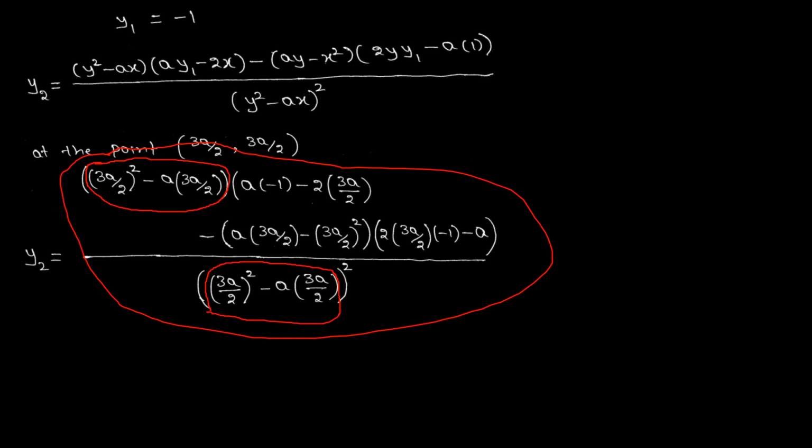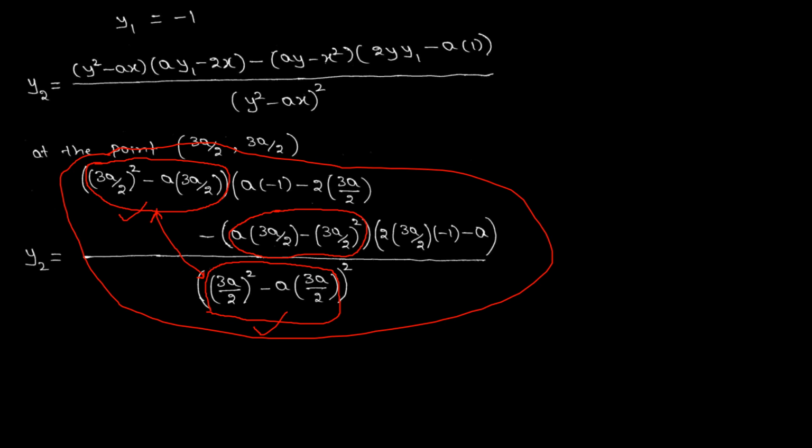So these two are same. So if you simplify once, you can put the same thing here as well. Not only this, you can observe here this term is also same but with opposite sign.